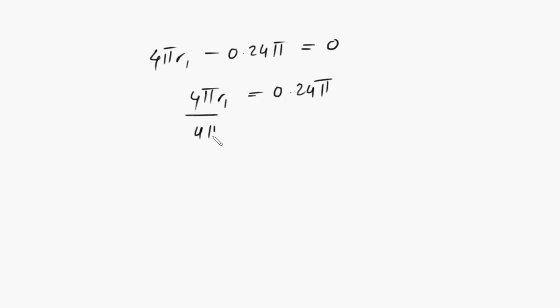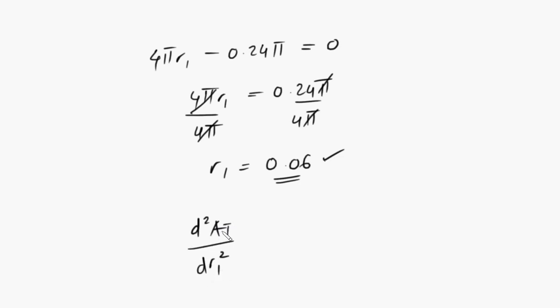If I divide by 4 pi both sides, I find that pi and pi go, and r1 is just 0.06. So r1 should be 0.06 for A to be either maximum or minimum. To determine whether 0.06 will give a minimum or a maximum value, I'm going to differentiate again and look for the second derivative.